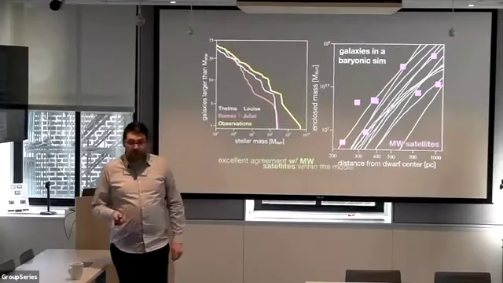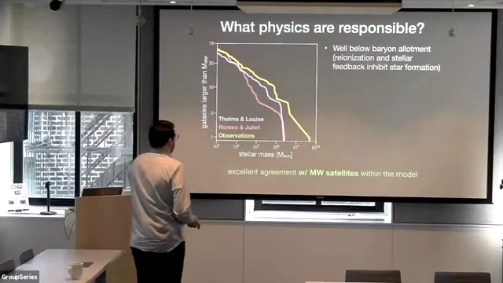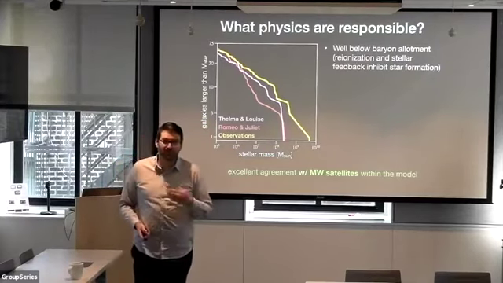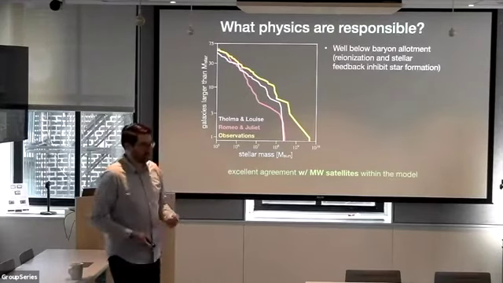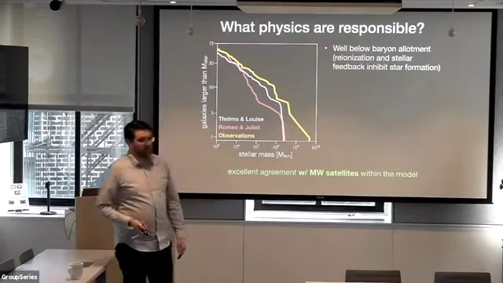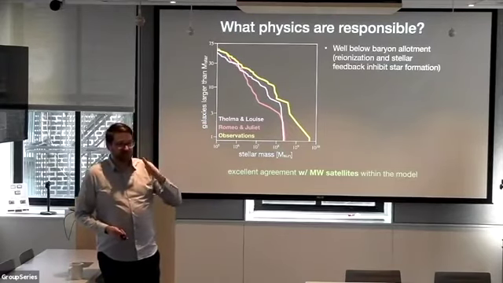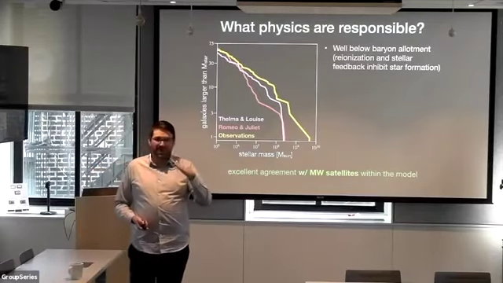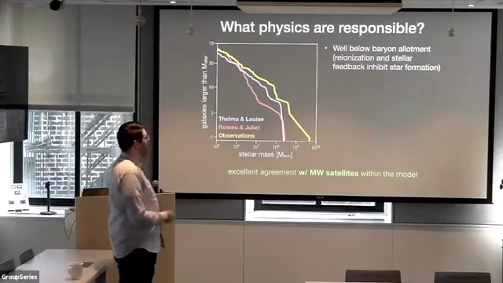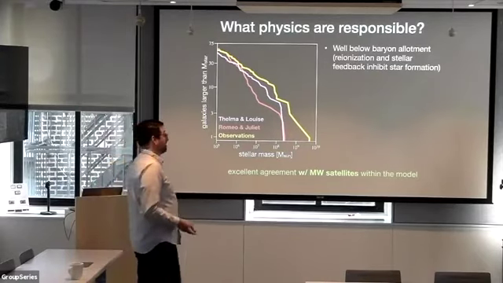I'll come back to M31 satellites in just a moment. Before I talk about M31 though, I want to dive into why we're able to actually reproduce the observations. What physics are important to reproducing these observations? Well, first, you can already see that we're well below our baryonic allotment, right? If we were to simply apply a fixed linear f_b M_halo to all of our galaxies, this would be way too steep and we'd way overestimate. So we're already seeing that feedback and reionization do inhibit star formation.